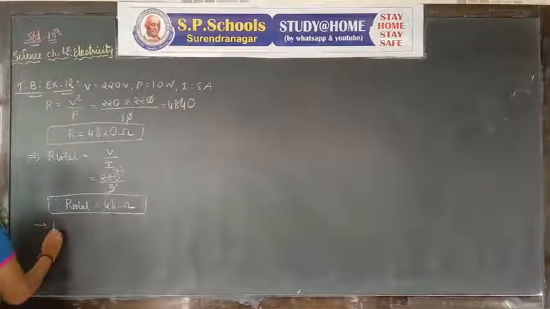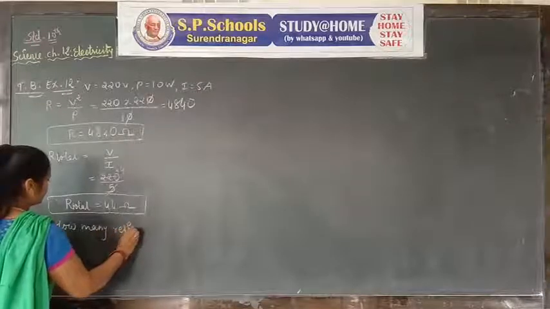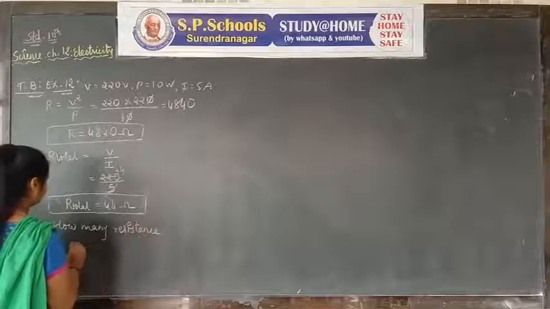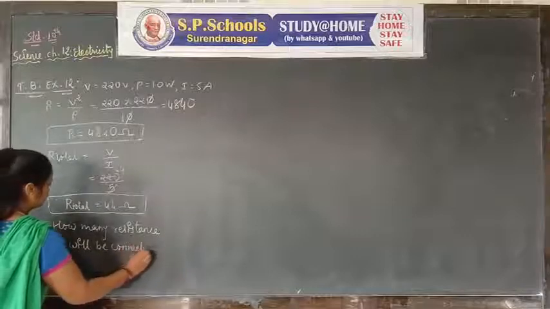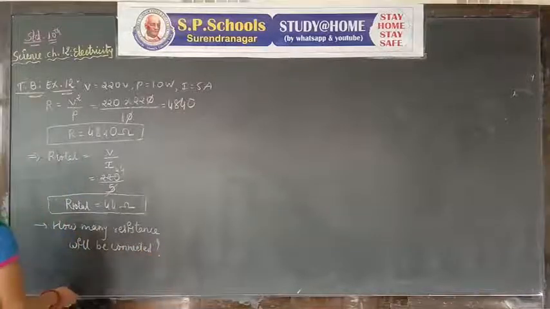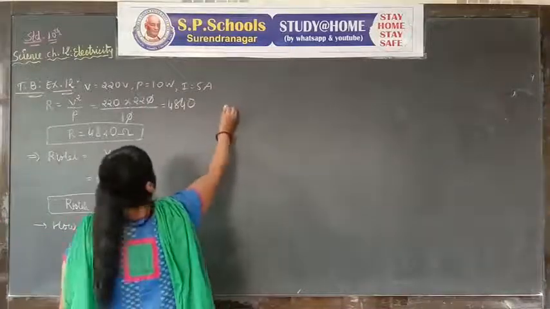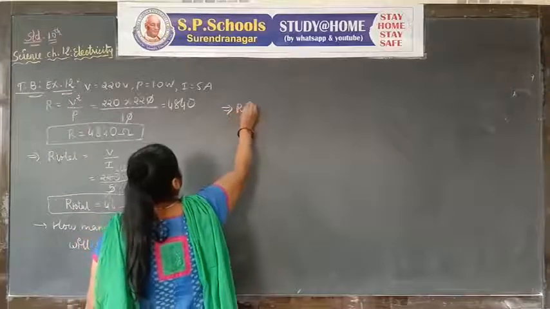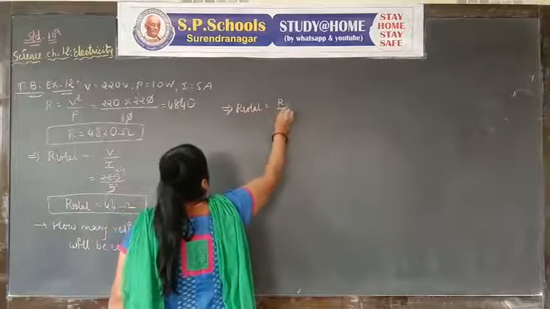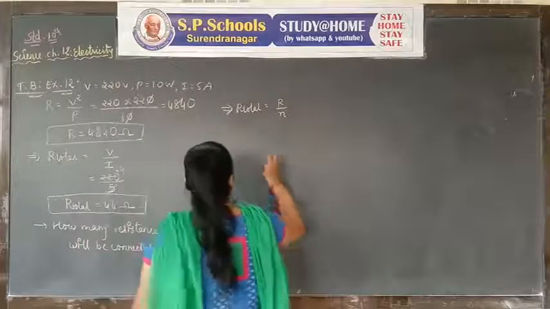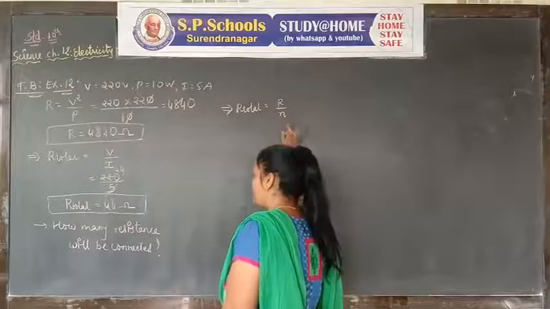But we need to find how many resistances will be connected. So we have the formula for how many resistances will be connected. R total is equal to capital R upon small n. We don't have to know the number of resistances, so we write it as small n.